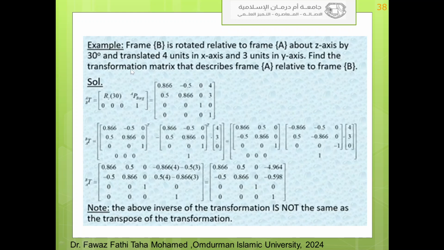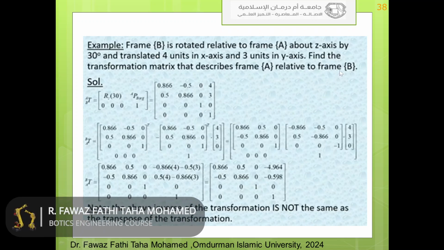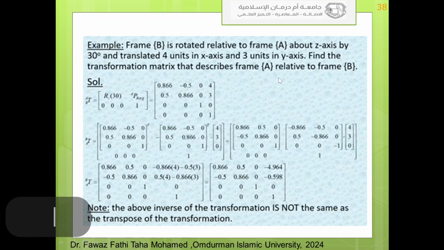Find the transformation matrix that describes frame A relative to frame B. The information here describes the homogeneous transformation of frame B relative to frame A. So firstly I have to find the direct transformation matrix TBA, as before.